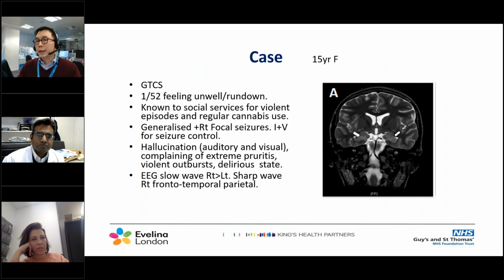So this is how a child may present, a 15-year-old with a generalized tonic-clonic seizure. Progressively gets worse until the child becomes encephalopathic and also may have psychiatric features. And if you took an MRI, you can see the arrow pointing to the limbic system being inflamed, and this would be limbic encephalitis.